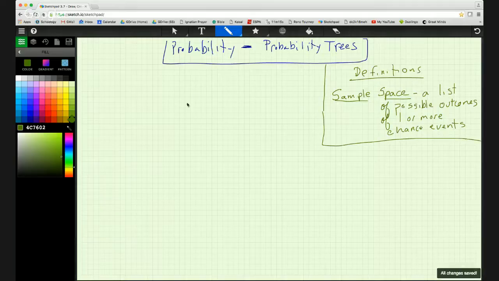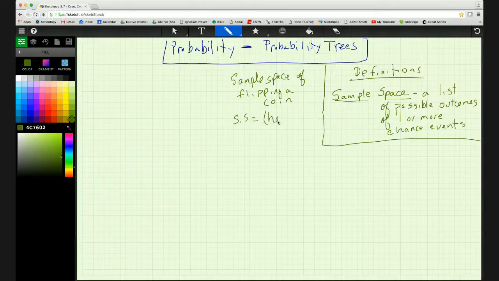So for example, the sample space of flipping a coin. Well, the sample space is heads, comma, tails. Because that's the only thing that can happen when you flip a coin, heads and tails. Those are the 2 possibilities.